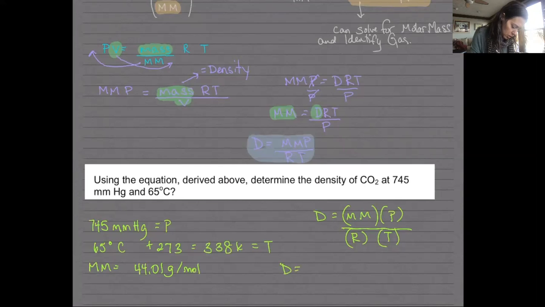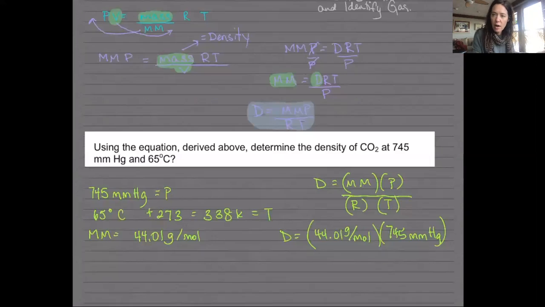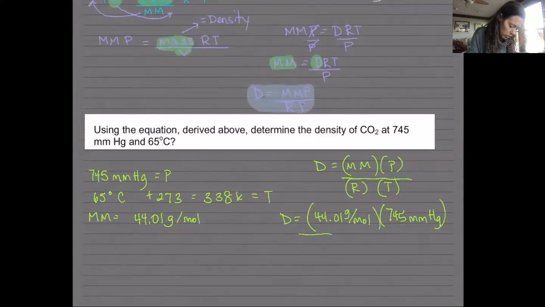Density equals, let's pay close attention to our units. All right, there's our molar mass. Let's look at our pressure, 745 mmHg. So I need to use my R value for millimeters mercury.